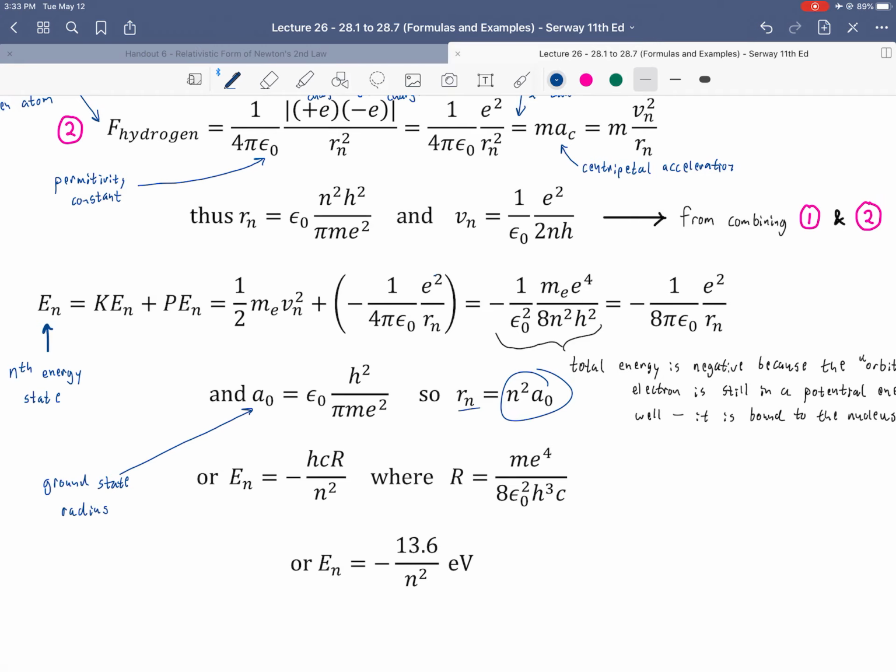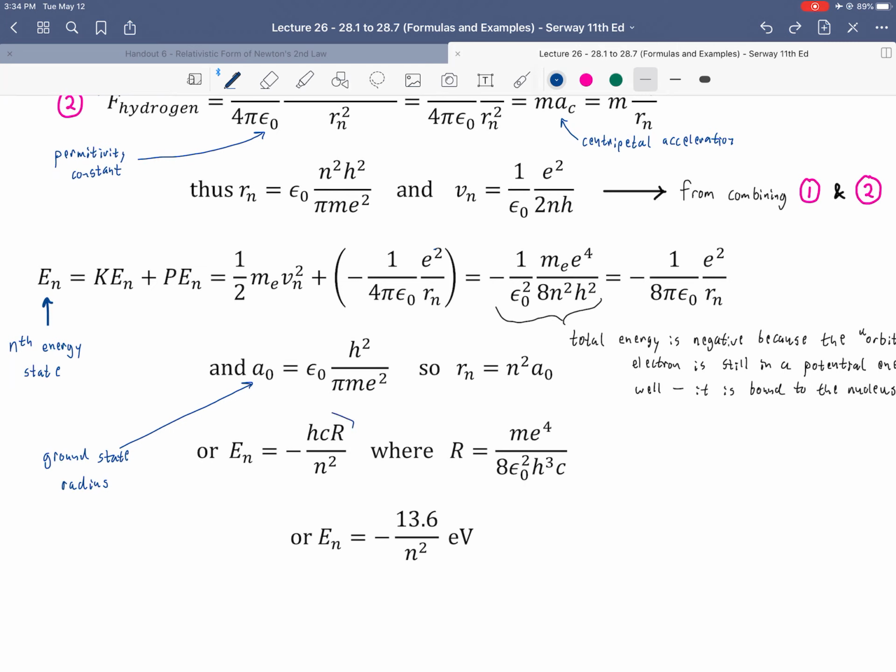Well, 4 times bigger. And since the radius is 4 times bigger, our energy is 1/4 as negative, so the magnitude of the energy is 1/4 as much. We're that much closer to zero energy, full ionization.